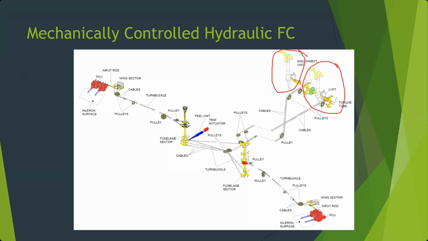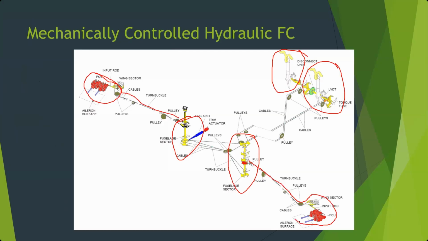Those cables run to different bell cranks and pulleys, which change the direction, and then those have more cables running out. Those cables, you can see here on the left, go to two PCUs. One PCU might be running on hydraulic system 1, and the second PCU is running on hydraulic system 3. Then some of the cables go out here to the right wing.